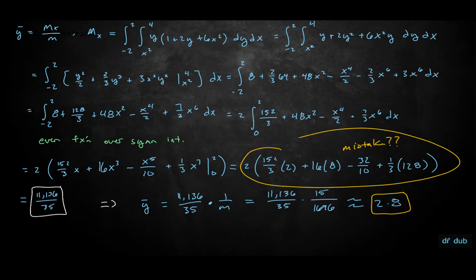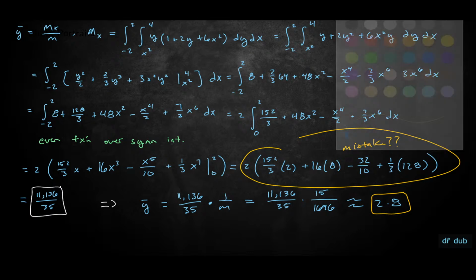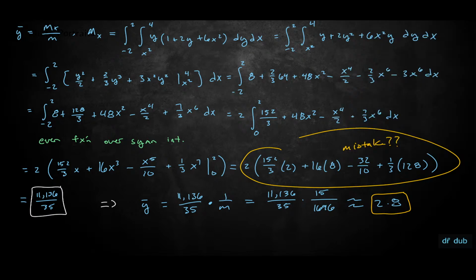Minus 2/3 plus 3, which is 7/3 x to the 6th. Wait, why is that not a minus? This should be a minus sign here. There we go. Minus here. So this should not be 7/3. It should be minus 11/3. There we go. Negative 11/3 right here.